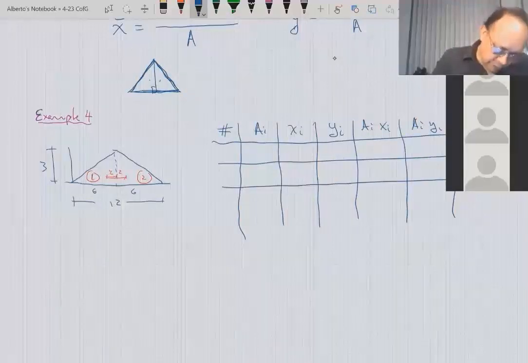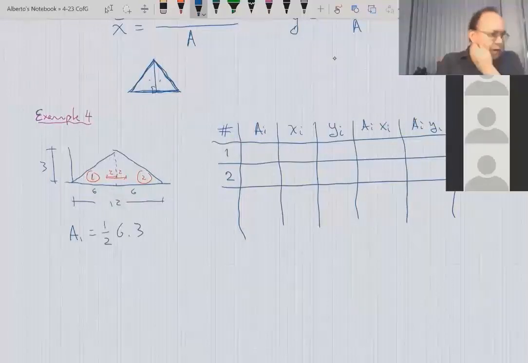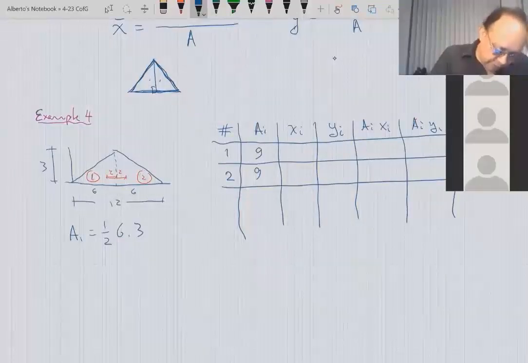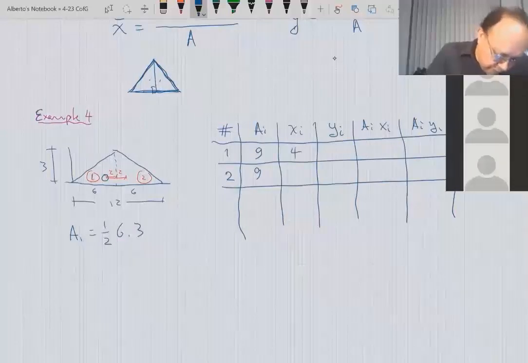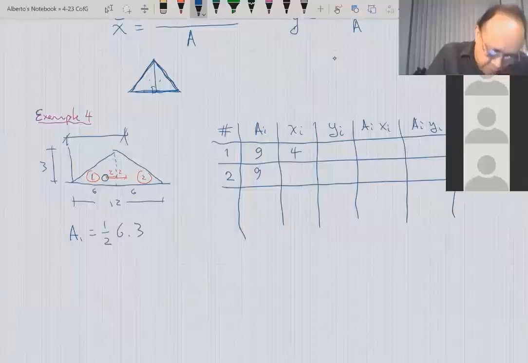So 1, 2. A1 is equal to 1/2 of 6 times 3, so it will be 9. The other triangle is also 9. The location of the centroid of the first triangle is here. The x will be 4. The x of the other triangle is from here to here, so it will be 6 plus 2, 8, right?